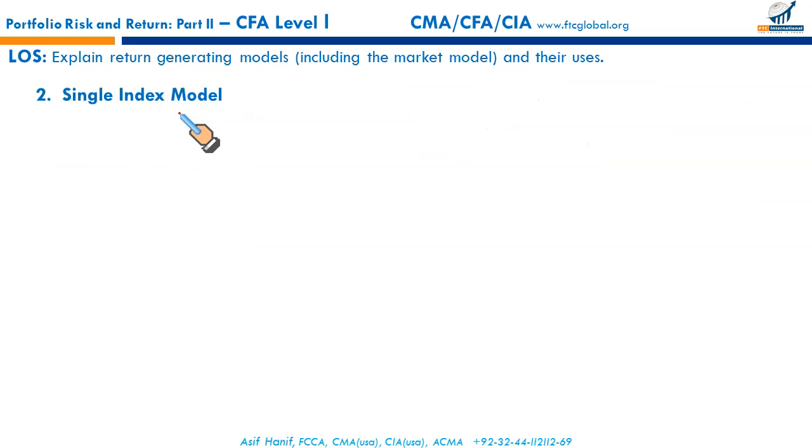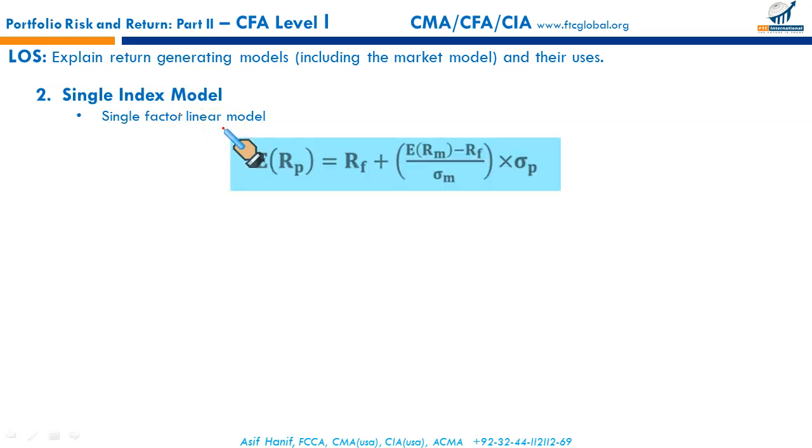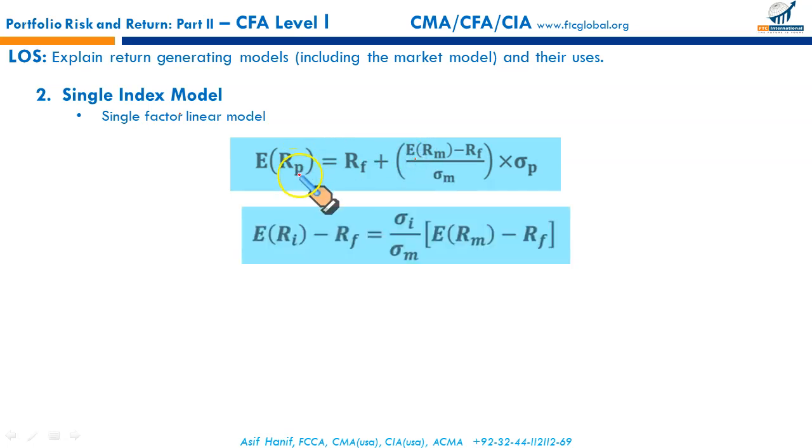Next we have the single index model. Single index model is basically a single factor linear model that uses the market factor as the only factor. This model is derived from the capital market line. The model equation is actually a rewrite of the capital market line. So your expected return on portfolio becomes the expected return on the asset.